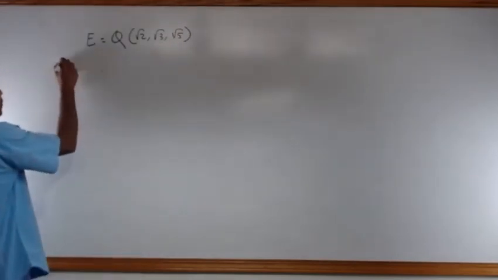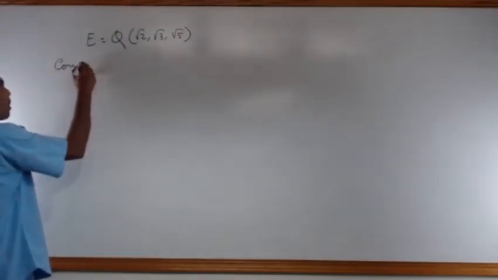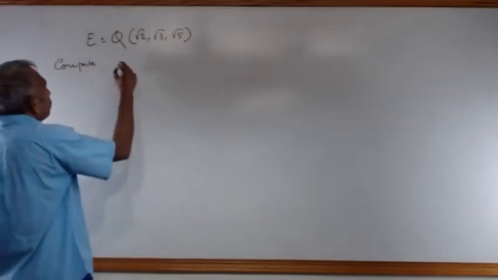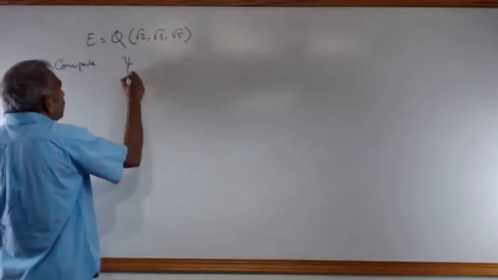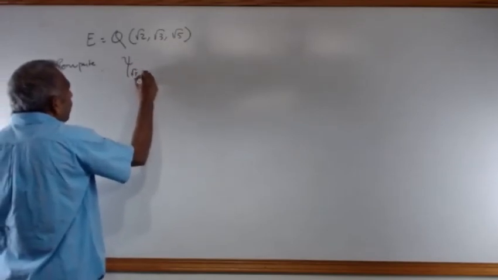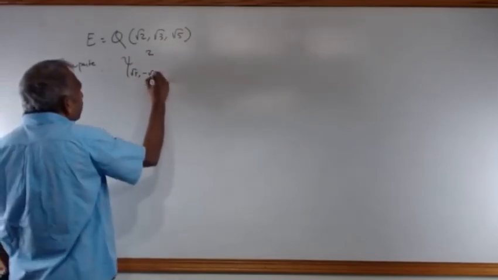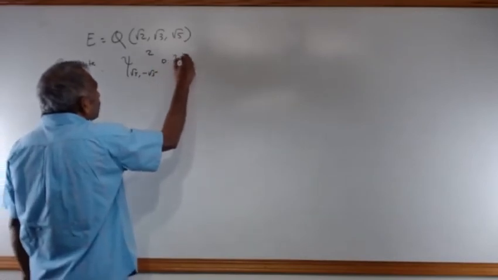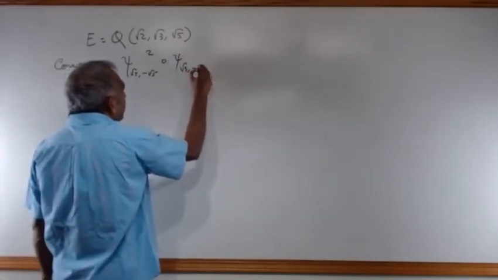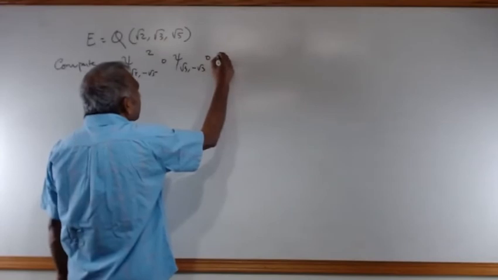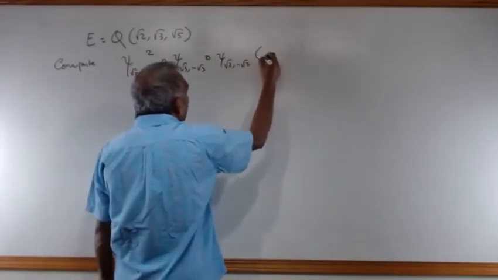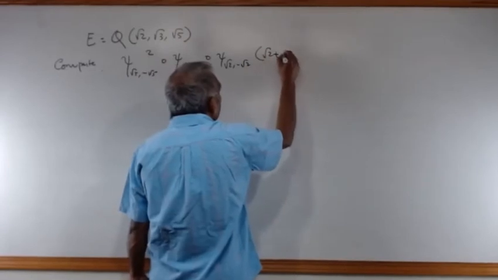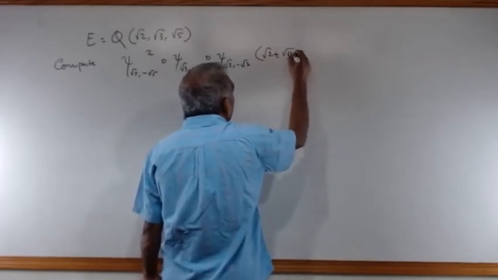And let's compute psi of root 5, minus root 5 squared, of psi of root 3, minus root 3, of psi of root 2, minus root 2, of root 2 plus root 45.